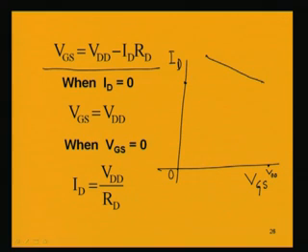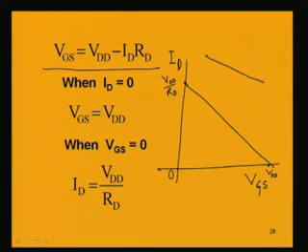This is the extreme point or the maximum drain current point, which is nothing but VDD by RD. So, VDD by RD is one extreme point and the other extreme point is VDD. Combining these two, we get a straight line.